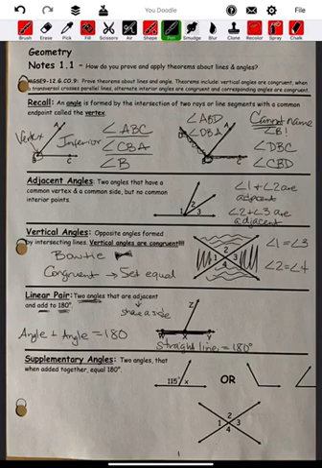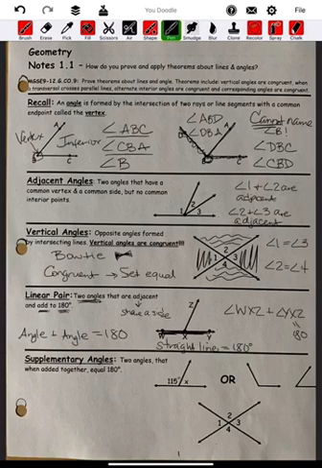So here we would say angle WXZ plus angle YXZ equals 180. Now we don't know the exact measurements, and we'll get into that in a few minutes.